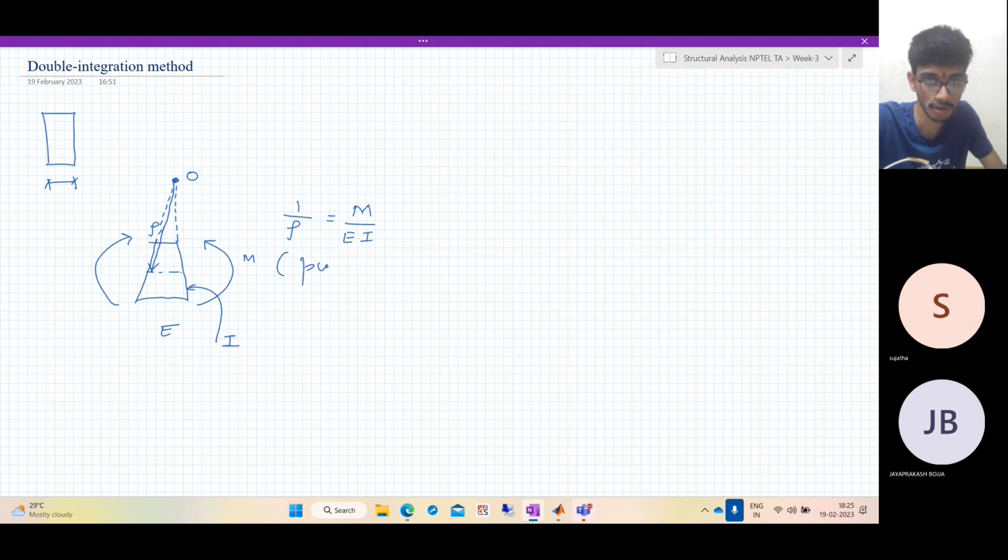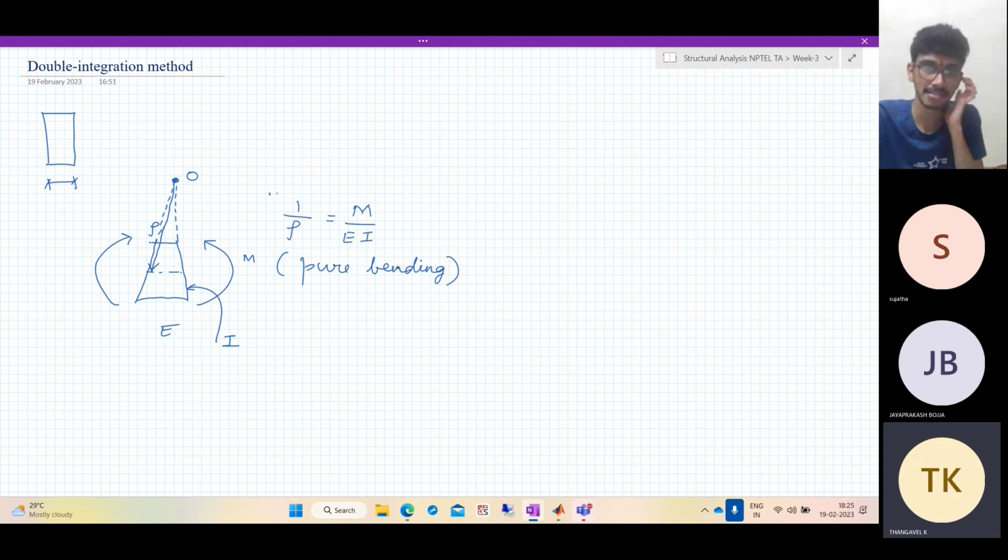This holds under pure bending. What is pure bending? The beam is just subjected to a bending moment at all sections. It doesn't have any shear force or axial force. Under these conditions, with the beam linearly elastic, small deformations, and pure bending, we have this formula between the radius of curvature rho and the bending moment M.